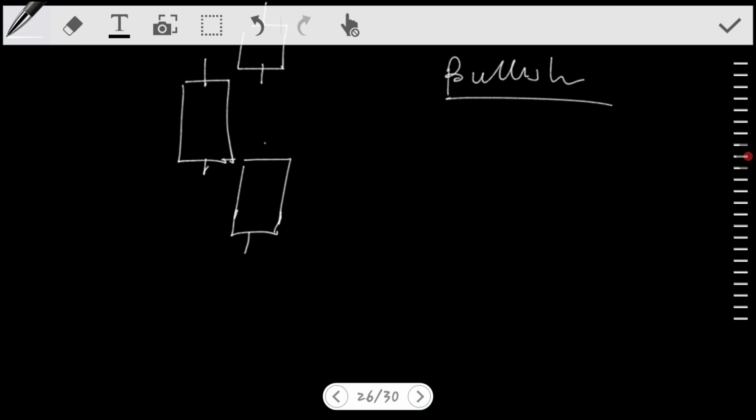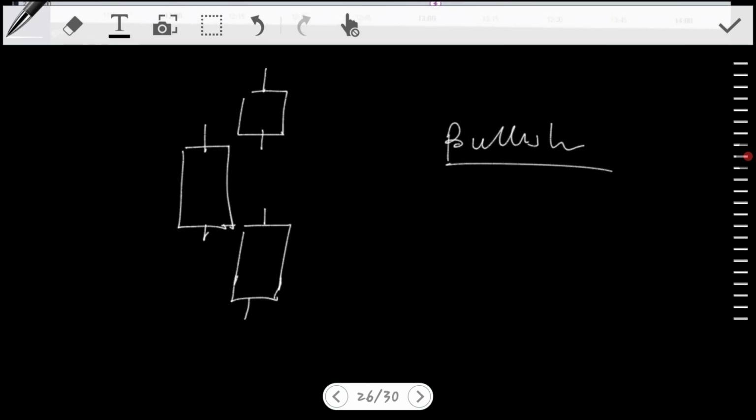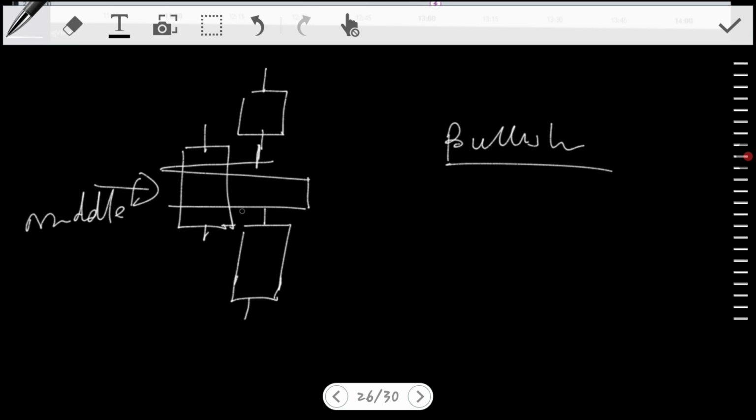Now, the space on the middle candle, the gap in between that has no candle on the other side, let's say from the previous wick and the lower wick, the space in between is what we refer to as a fair value gap.